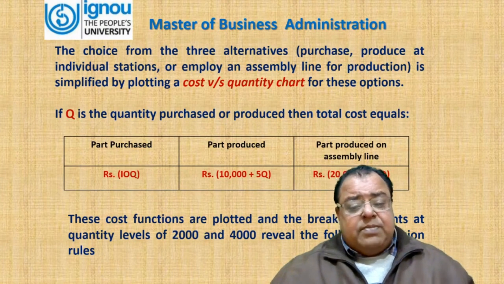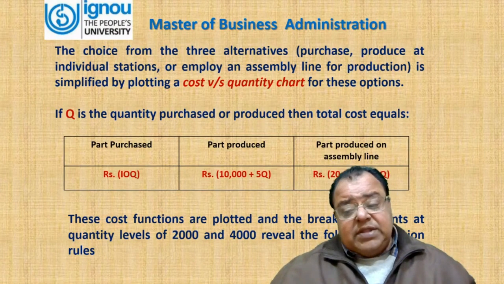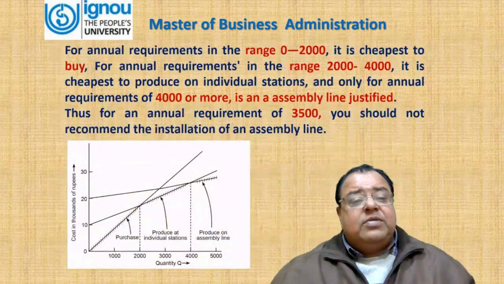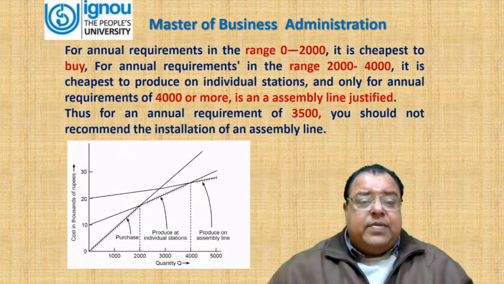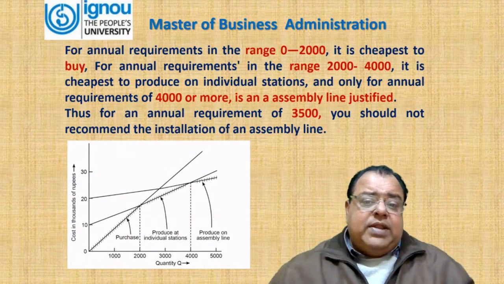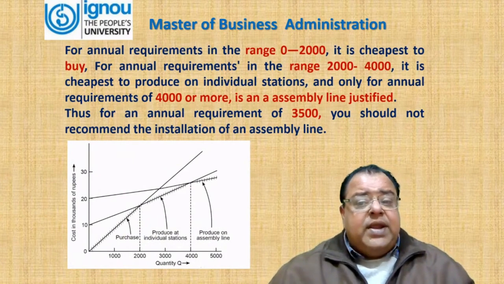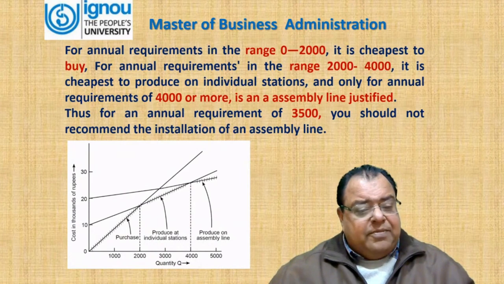These cost functions are plotted, and the break-even points at quantity levels of 2,000 and 4,000 reveal the following decision rules. After plotting the graph, for annual requirement in the range 0 to 2,000, it is cheapest to buy.